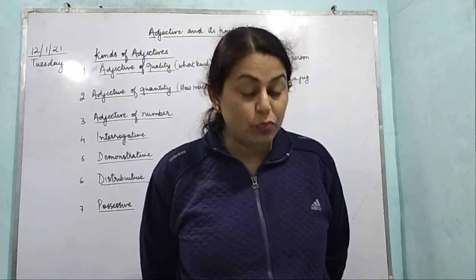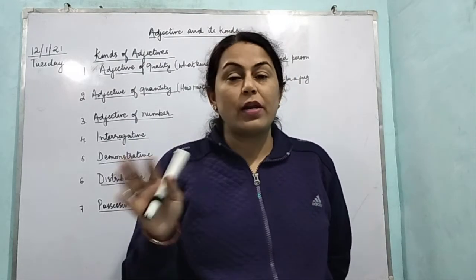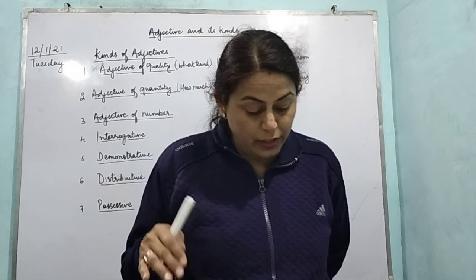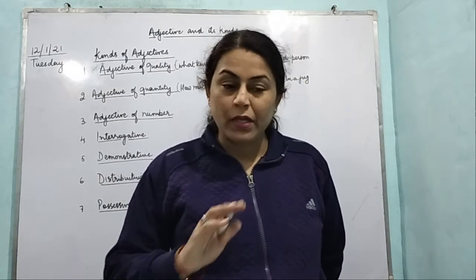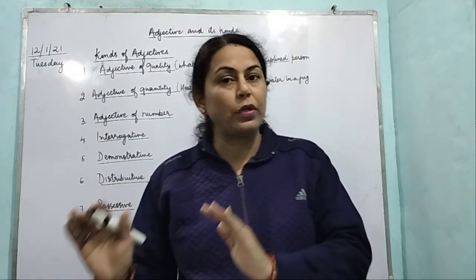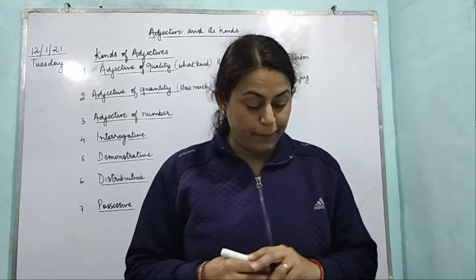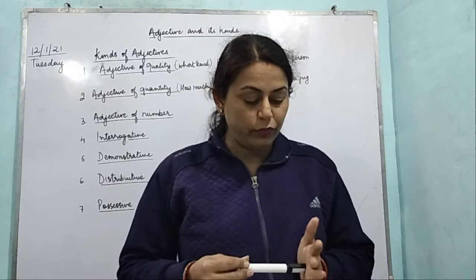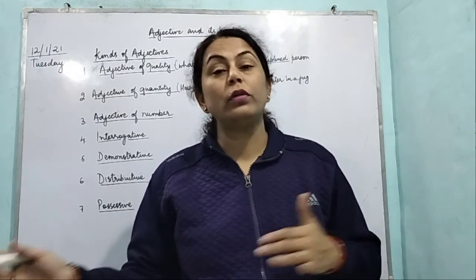They have finished most of the rice. Most of the rice means here it is telling you about the quantity, how much rice they have used. Means 80% जो राइस है उन्होंने यूज़ कर लिए हैं. Most means ज़्यादा amount. A lot of sugar fell on the floor. बहुत सारी शुगर, lot of sugar fell on the floor.